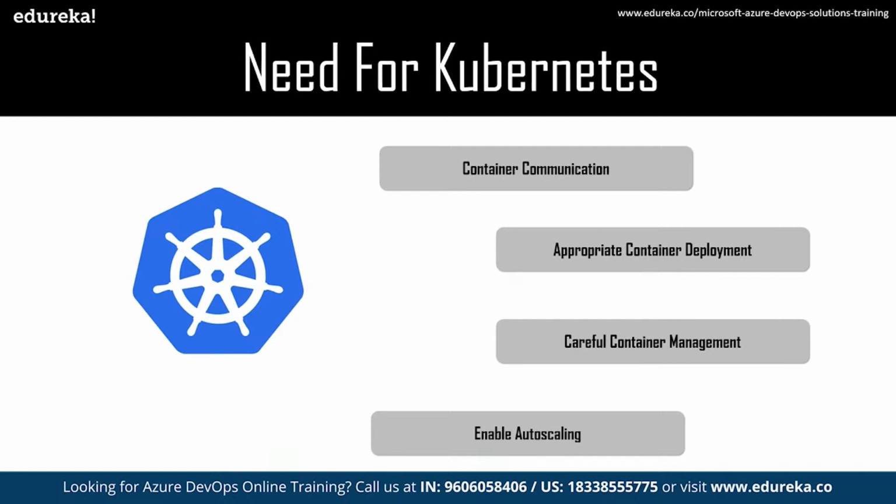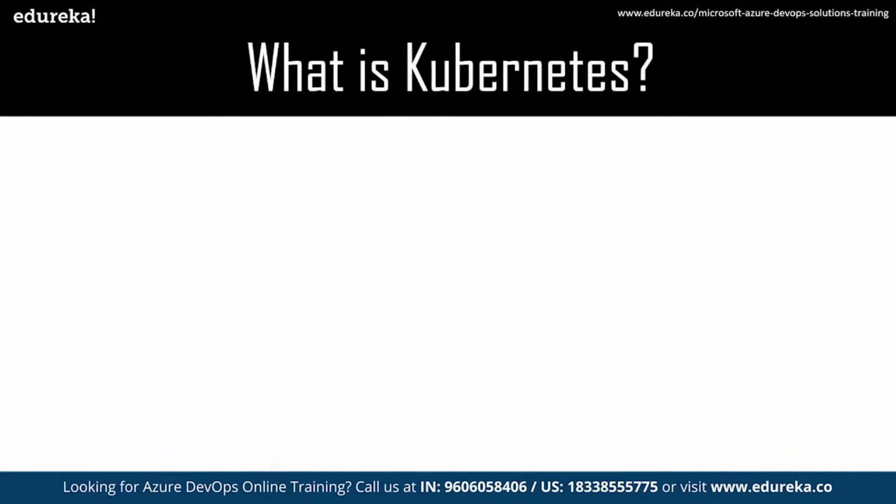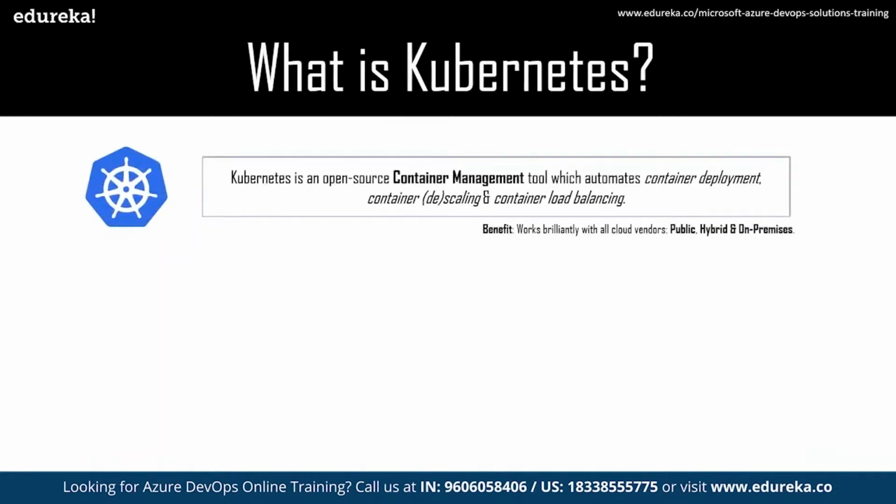So these are some of the reasons why Kubernetes came into picture. So yes, we had containers, but these were some of the drawbacks that containers had. And this is what something like Kubernetes lets you do. Okay, let us now go ahead and understand what is Kubernetes, right? So I've already explained what Kubernetes is. There are not a lot of different pointers left to be explained.